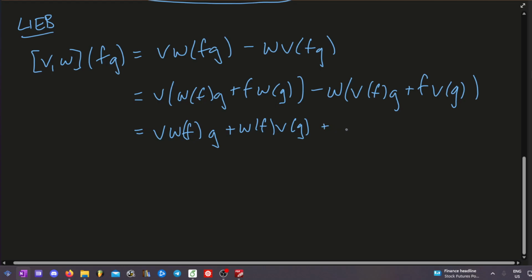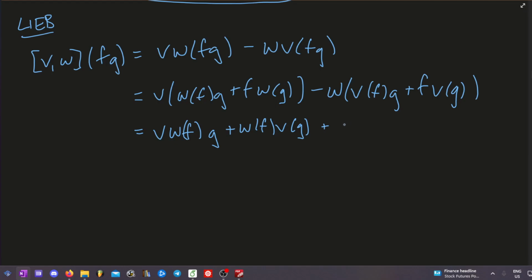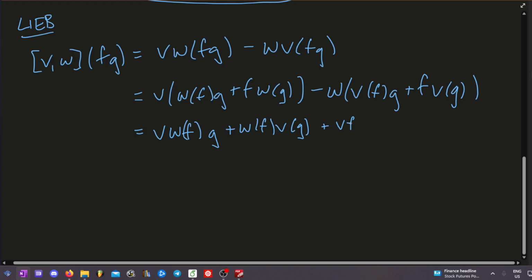We're going to get from this next term, let's see, let's do it this way, plus v f w g plus f v w acting on g, and then we get the negative, so the minus sign, we can have wv acting on f times g.